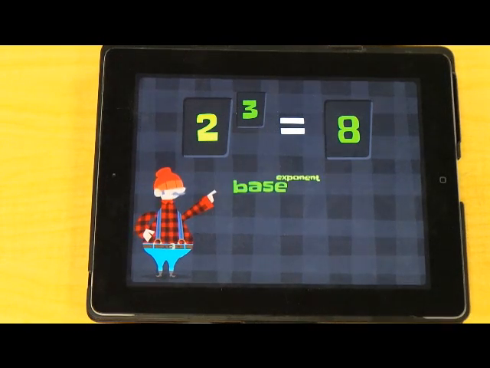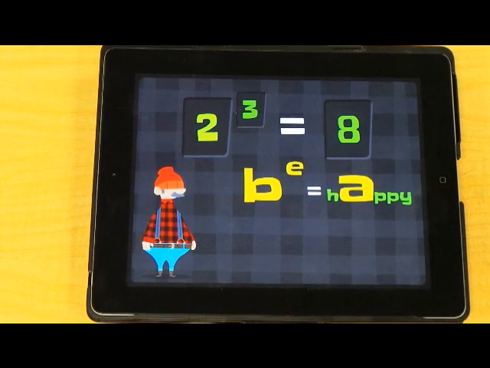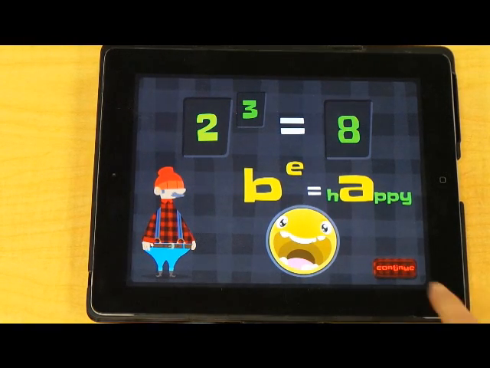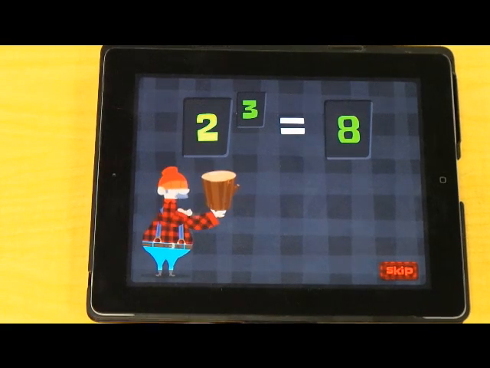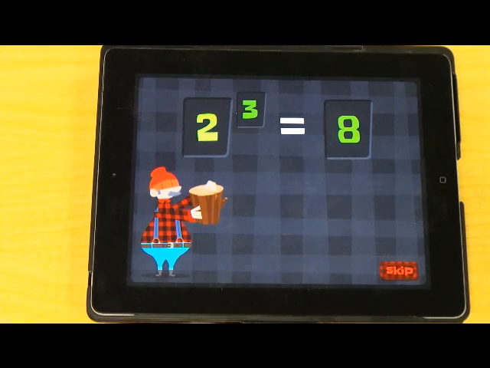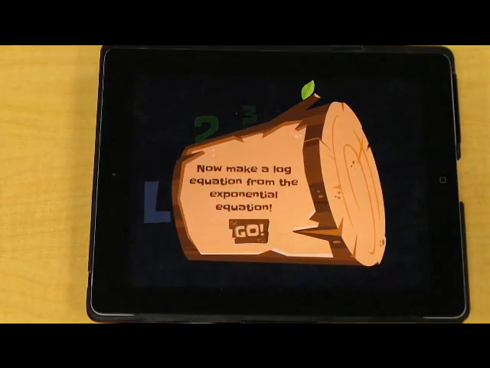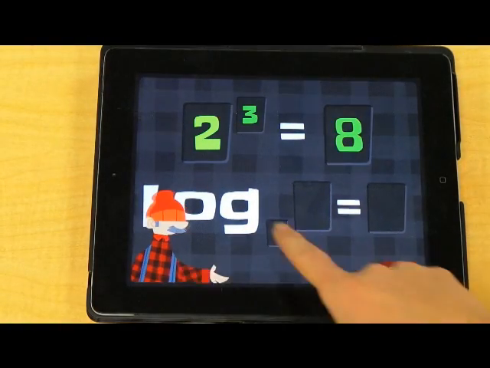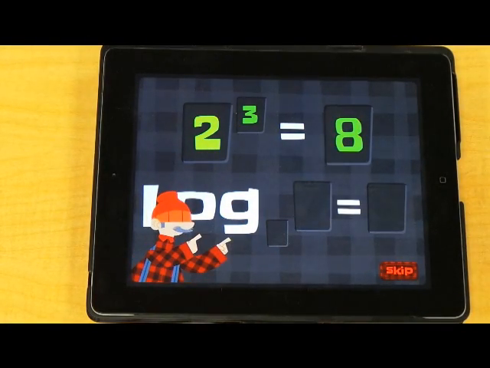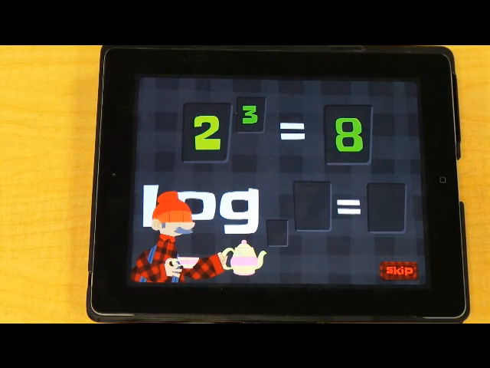A base to an exponent gives you an answer. That's the be happy form. Alas, poor log. How are we to switch from exponential form into log form?